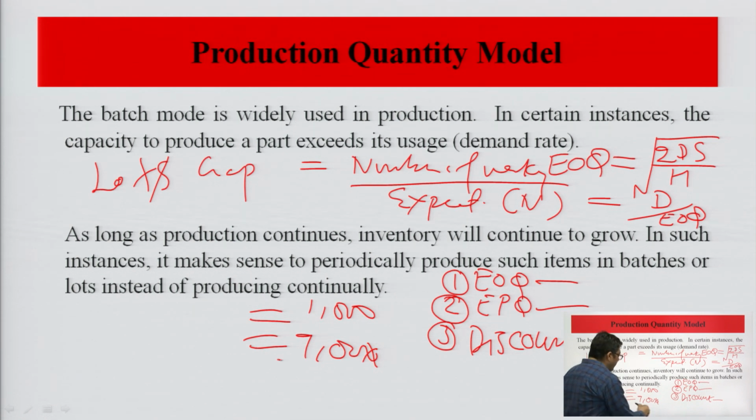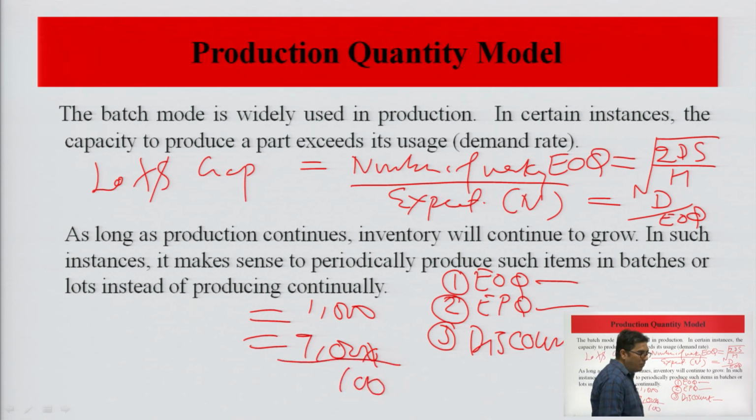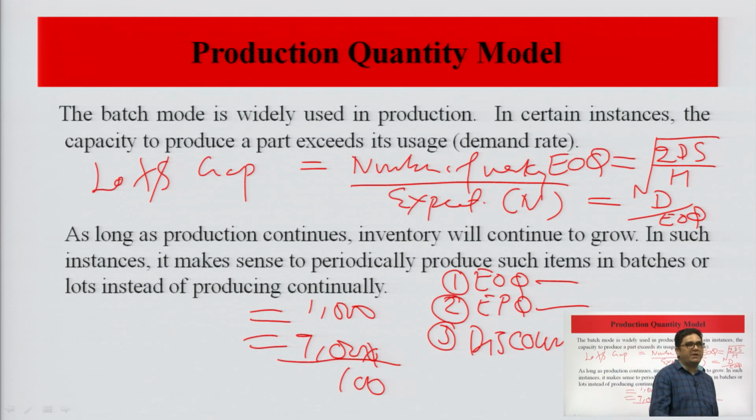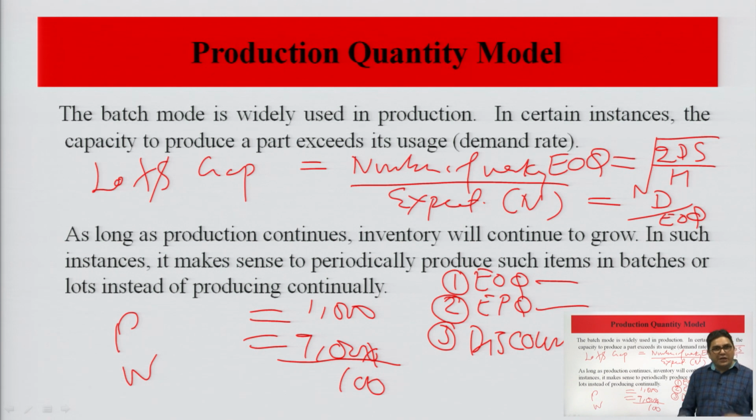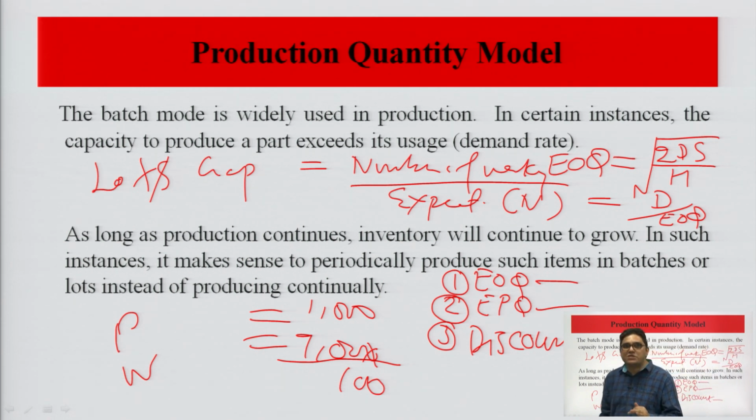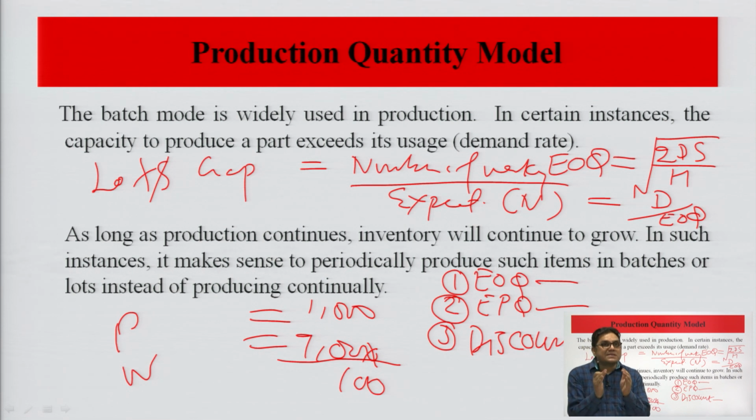How many remain? 100 goods remain, which are kept in inventory or remain with the company. Frequency of production is high and frequency of usage is low. P is referred to as frequency of production, and U as frequency of usage. If frequency of production is high and frequency of usage is low, then some items will accumulate and keep going into inventory over a period of time.